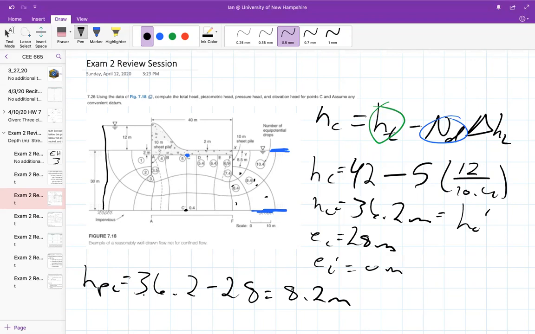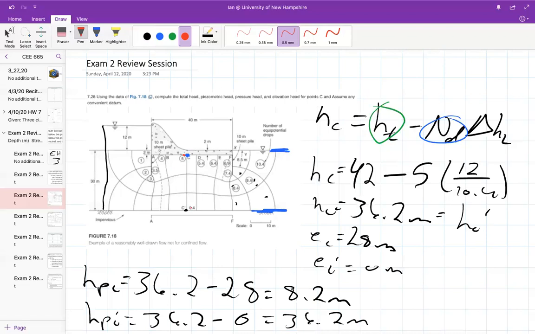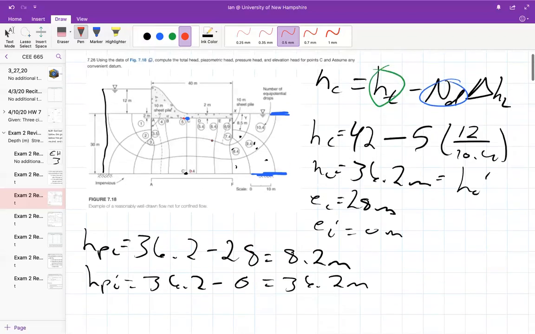And then we'll do the same thing for HPC prime. It's 36.2 minus 0. So this is the pressure head here and then here. So you guys can significantly see the difference between the two. And then that's all we need.